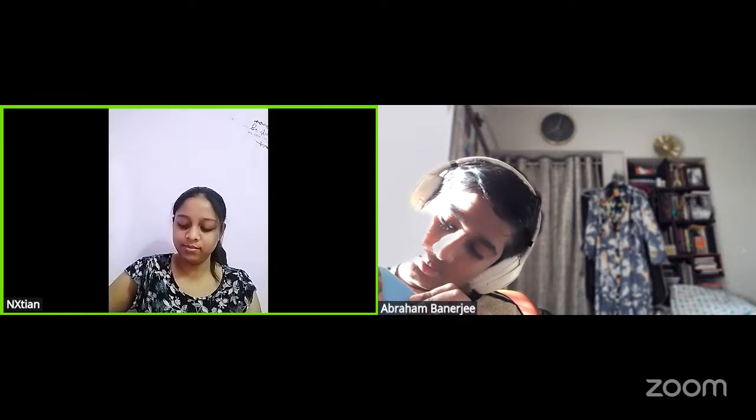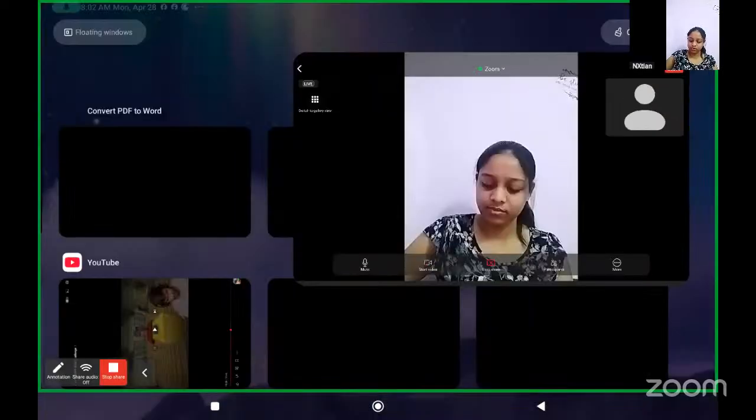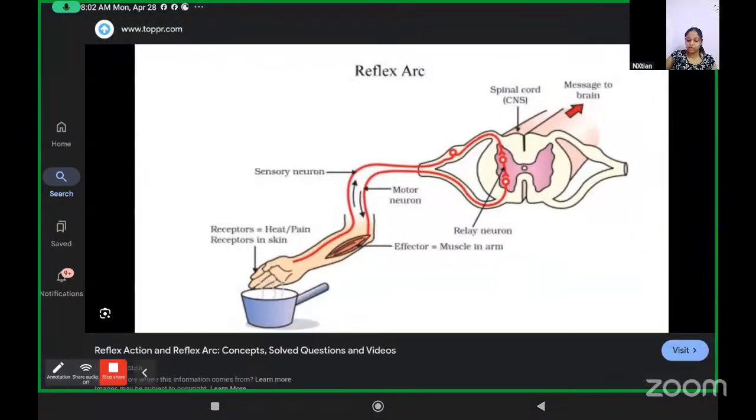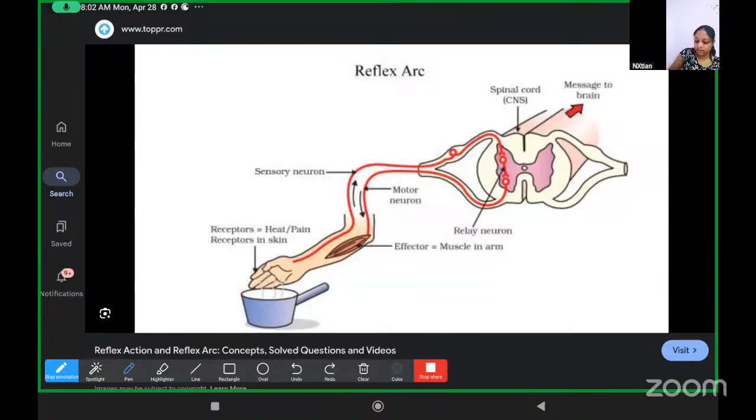On that diagram, can you see right here at this place? There is a receptor, which means that the person is touching a very hot vapor.